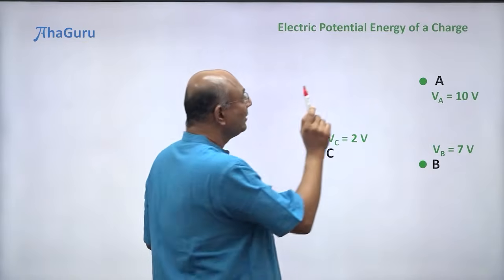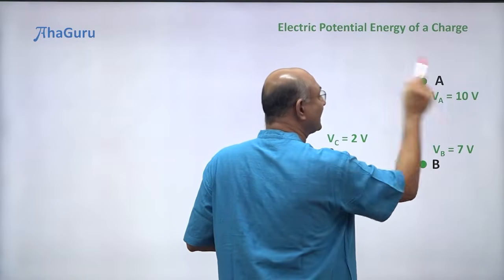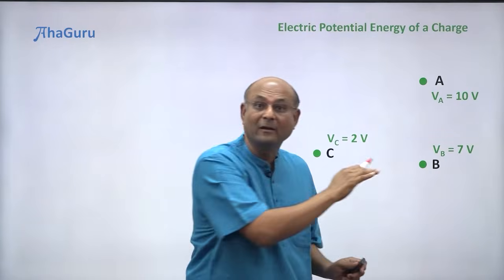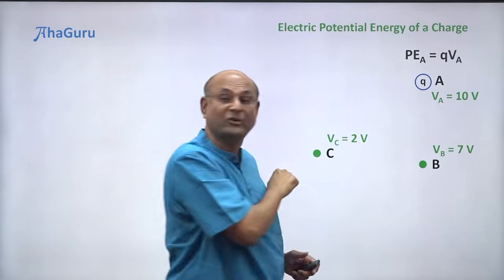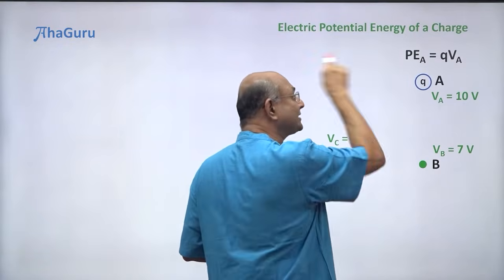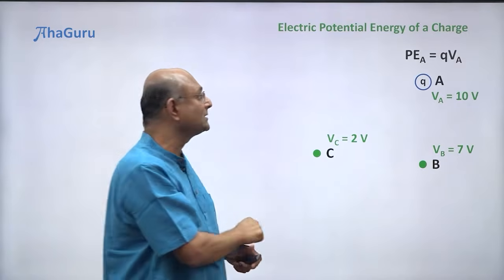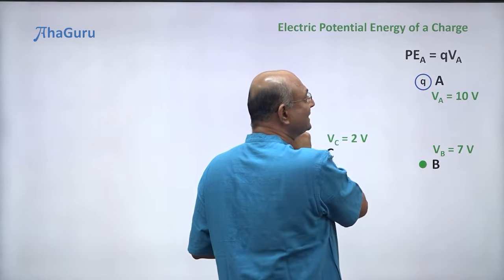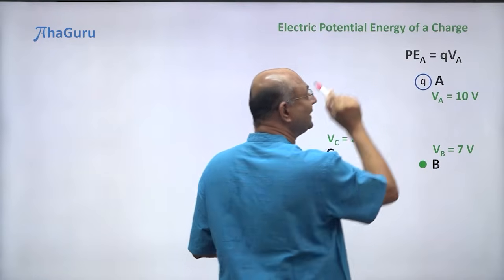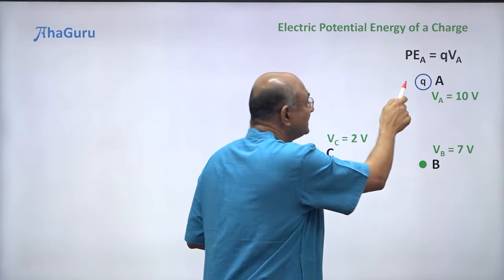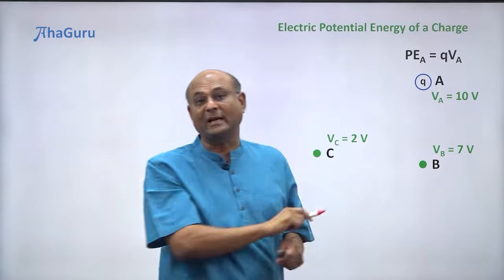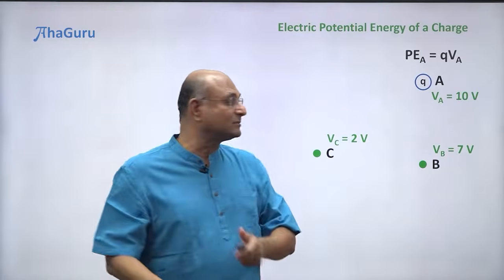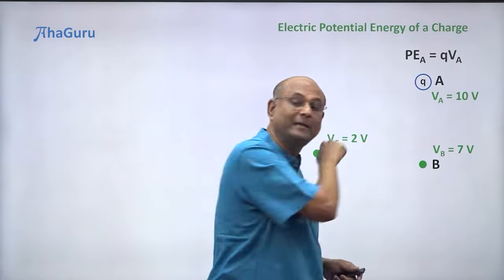Now, the potential at A is 10 volts. What does that tell us? Actually, as such, it doesn't tell us anything. But if I go and put a charge Q there, it tells us the potential energy that we will get for the charge. So how much potential energy does a charge sitting at A get? Q times V_A, the charge value times the potential at A. Similarly, if the charge was placed at B, the potential energy of the charge will be Q times V_B and so on.